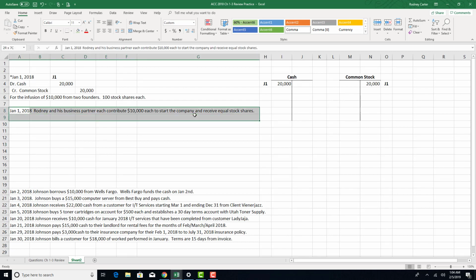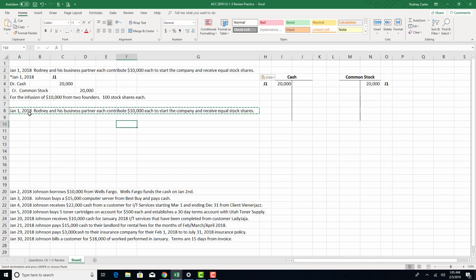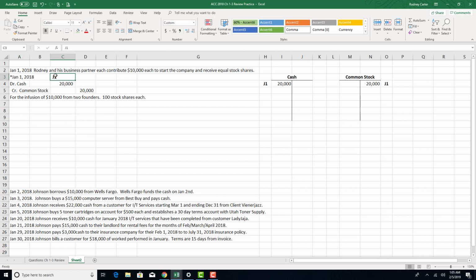So this right here was the first transaction that I did, and I completed that. I marked that J1 because I'm going to use that nomenclature, J1, J2, J3, as the journal entry as I quickly build T accounts, which represent the general ledger.